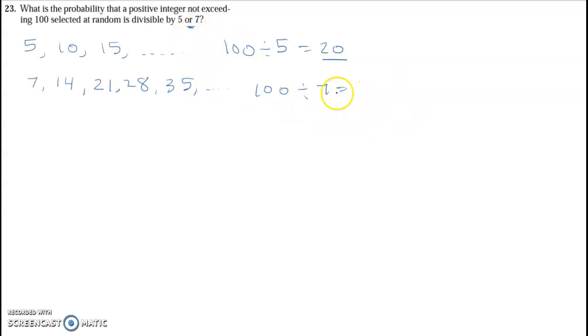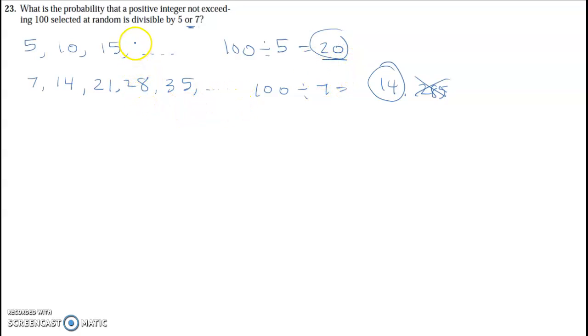If we do this, this is going to be 14.285. Here we're just interested in the whole number, so there's going to be 14 of them. So we'll keep these two numbers.